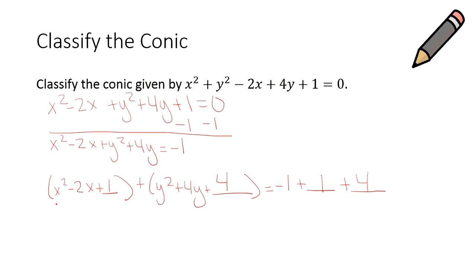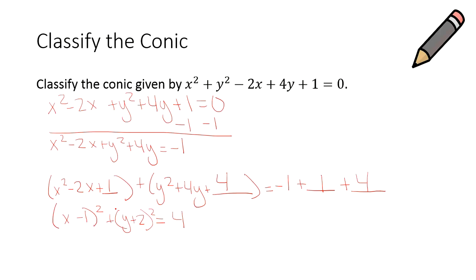This is going to turn out to be x minus 1 squared, because -1 and -1 will give me a -2. And then I'm going to get y plus 2 squared equals 4. Now notice, guys, nothing in front of here, nothing in front of there. So I'm actually done.